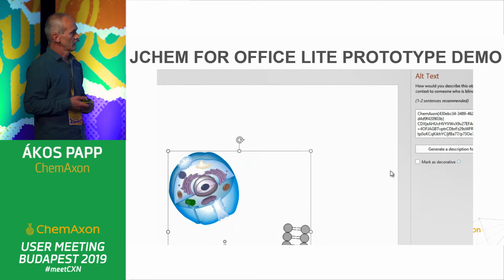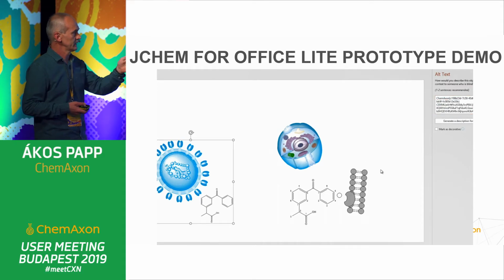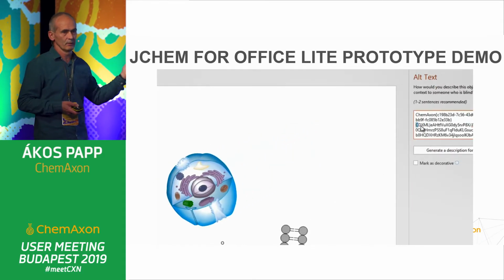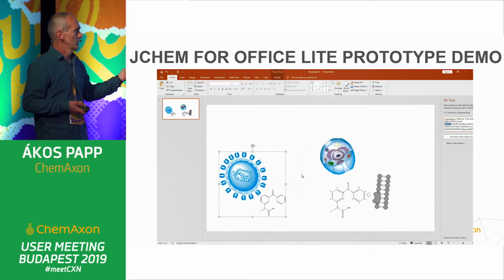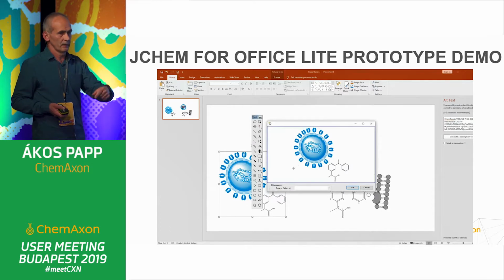We have encoded chemistry data. You can see the leading characters always tell what it is. This is CDX on the right one, CDXML on the left one. It came from ChemDraw.js.